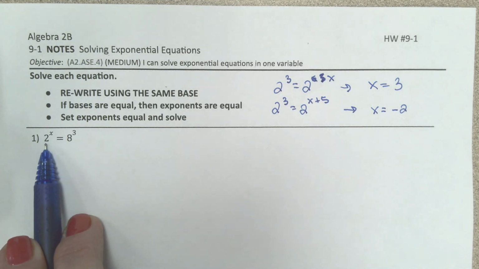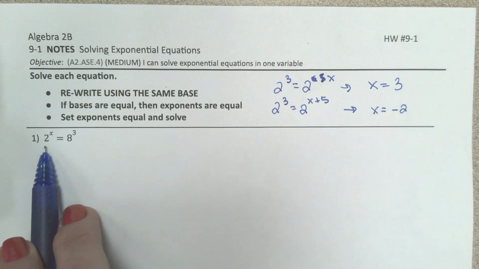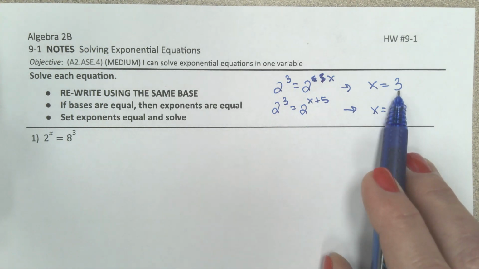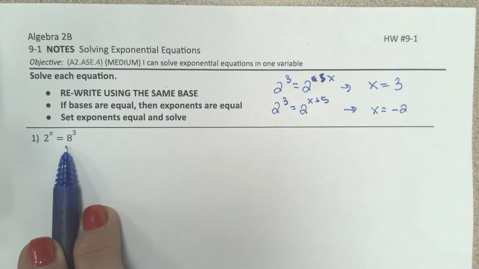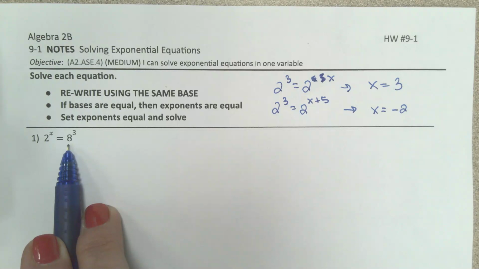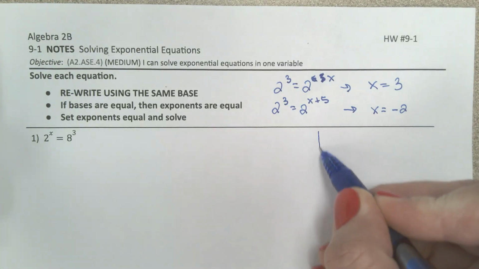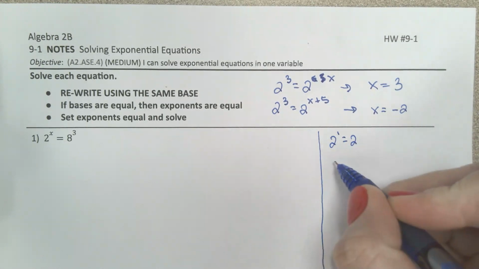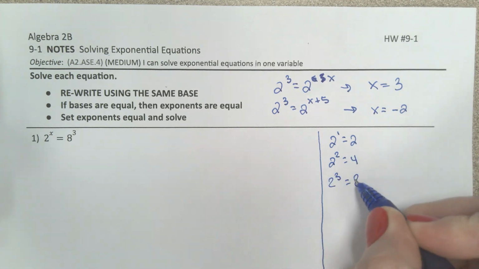So on the first one, we have 2 to the x equals 8 to the third. Well, we don't have the same base anymore, so we can't just drop it and set the exponents equal. We're going to have to do some work and figure out, can I rewrite the big number as the smaller number to some exponent? And so you got to know that 2 to the first is 2, 2 to the second's 4, 2 to the third is 8.